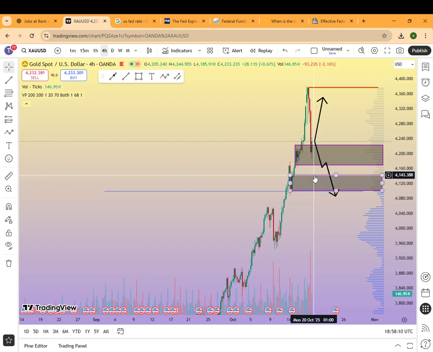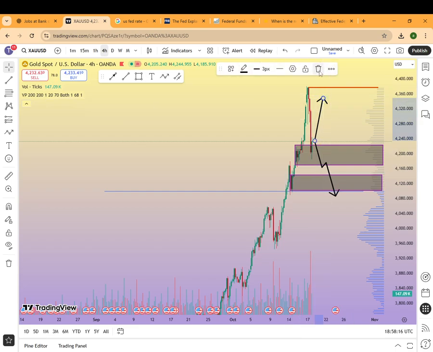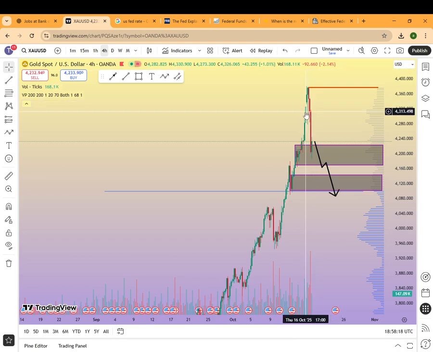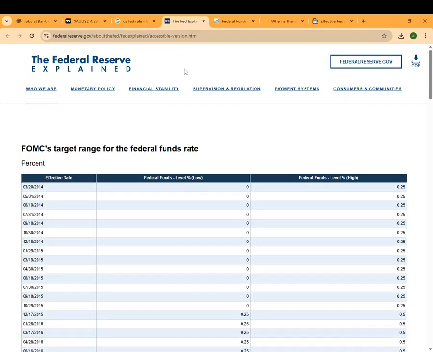Under the heading below are some fundamental and macro drivers. US interest rates: if the Fed signals rate cuts or becomes dovish, gold gains because the opportunity cost of holding gold falls.